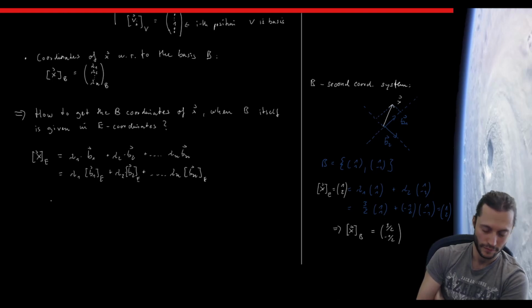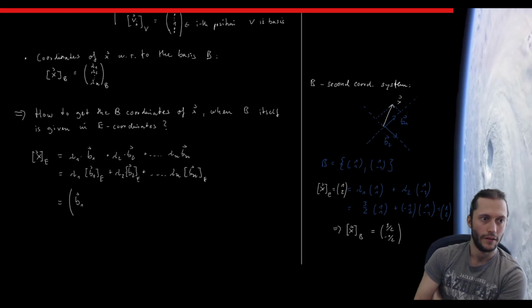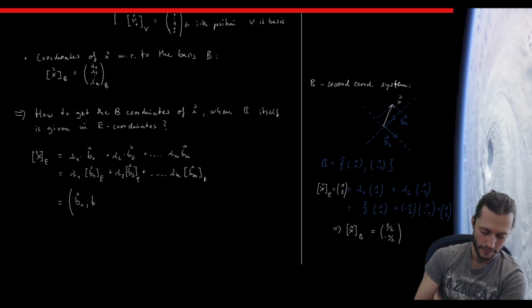So let's just do equals. Now we make a matrix. We take the basis vector b1, write it in a column, and all other basis vectors, until bn.